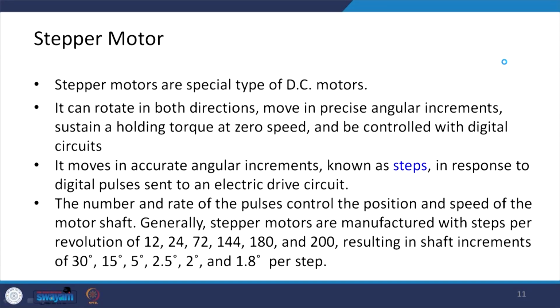Next, let us look at the stepper motor. As the name indicates, these motors move in steps. They are a special type of DC motor, and they can rotate in both directions and move in very precise angular increments, sustain a holding torque at zero speed and be controlled with digital circuits.